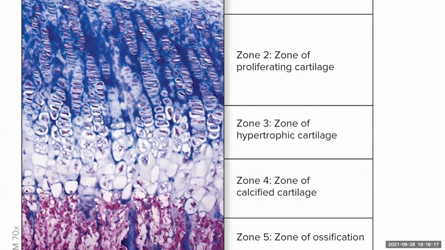Well, then what happens here in the third zone, they start to grow up and get bigger. So they undergo hypertrophy. And then that pushes those cells down into the next zone. And unfortunately, calcification starts to occur in the matrix. That kills off the chondrocytes. As they degenerate, it leaves these holes here.